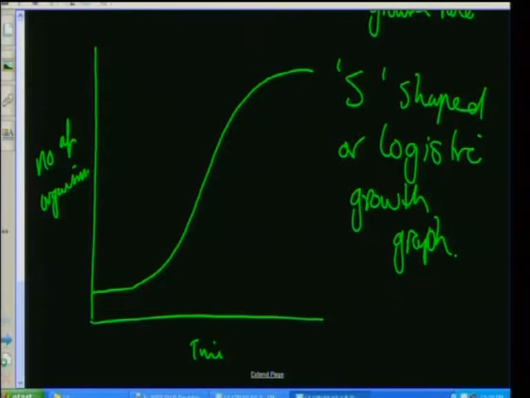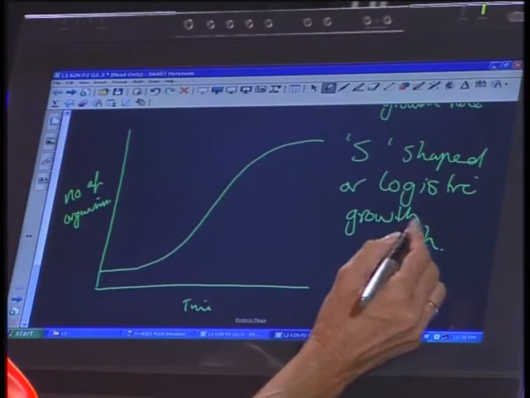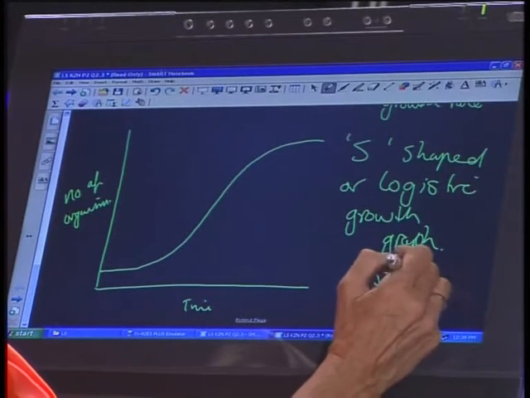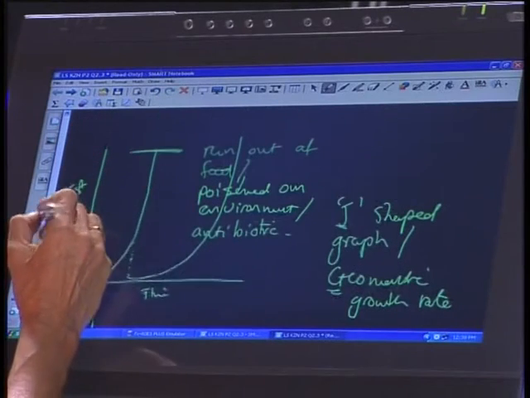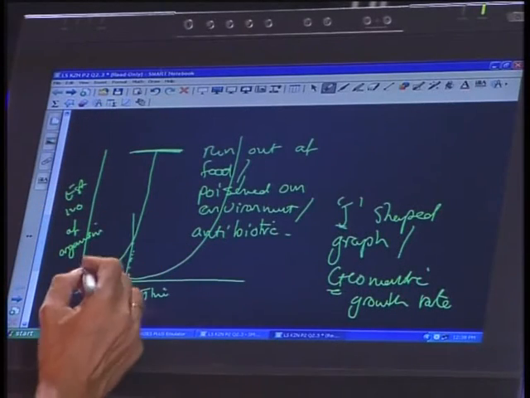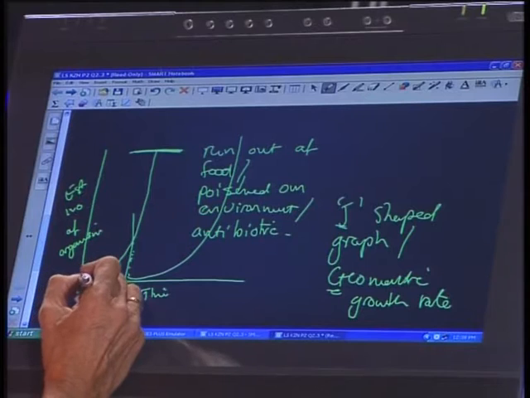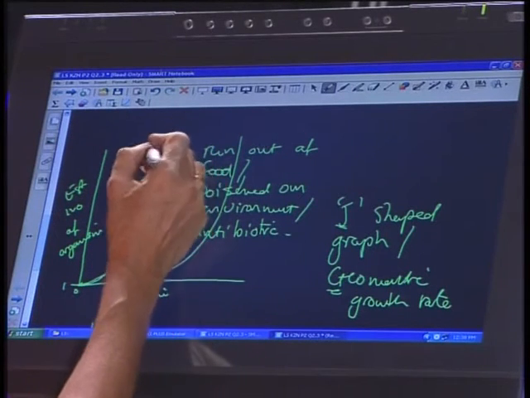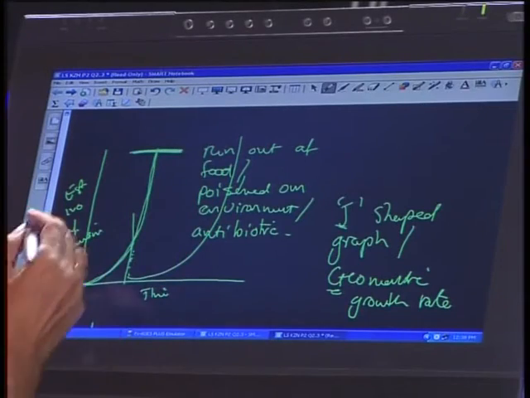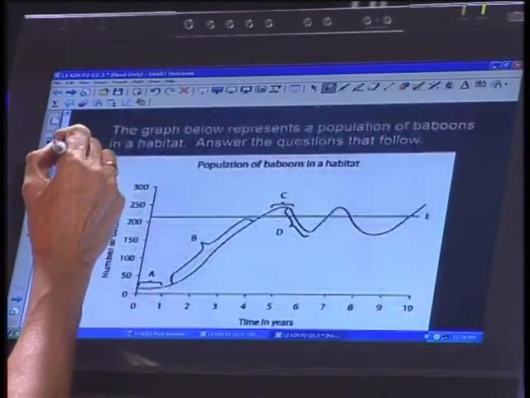So your S-shaped or logistic growth graph has 5 phases, whereas the J-shaped graph has 1 phase, which is slow geometric growth, and then all of a sudden huge increases in growth. All right, so let's look at our question. Those are the only 2 types, your J-shaped graph and your S-shaped graph.